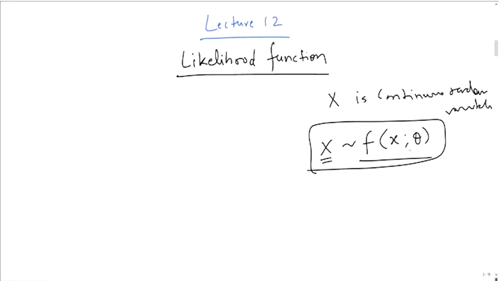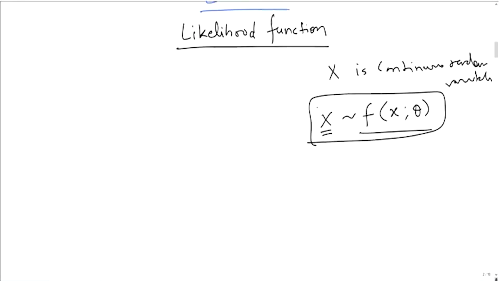Because this probability density function is our assumption about the generative process. The values of this random variable come from this generative process f of x theta, where f of x theta is the probability density function of this random variable.